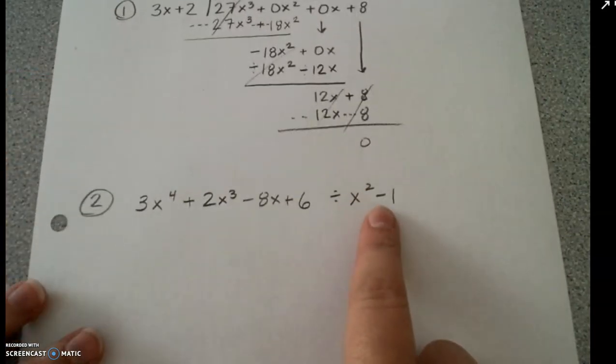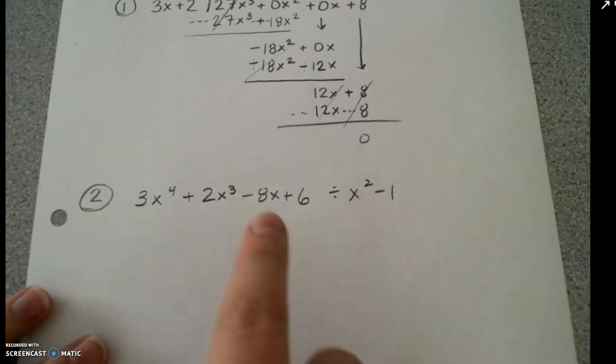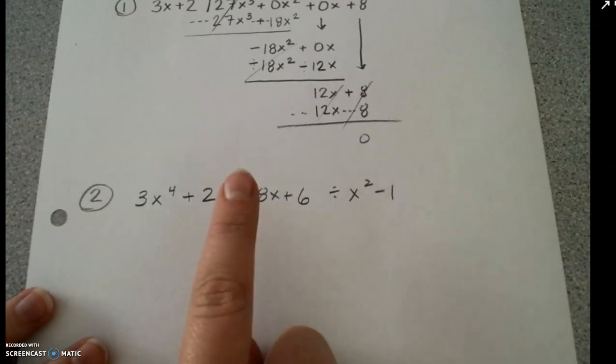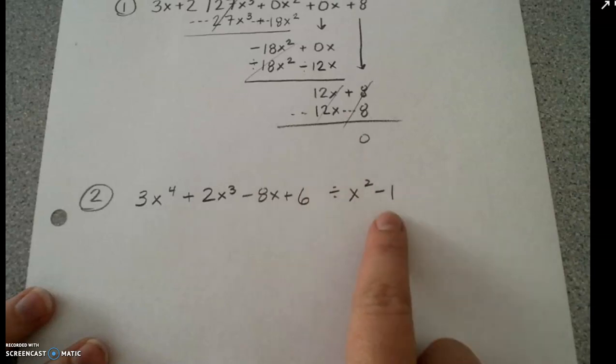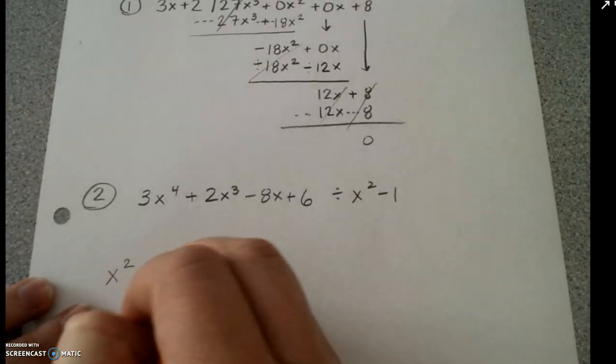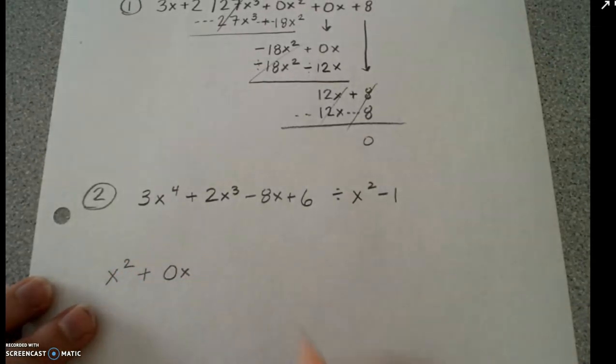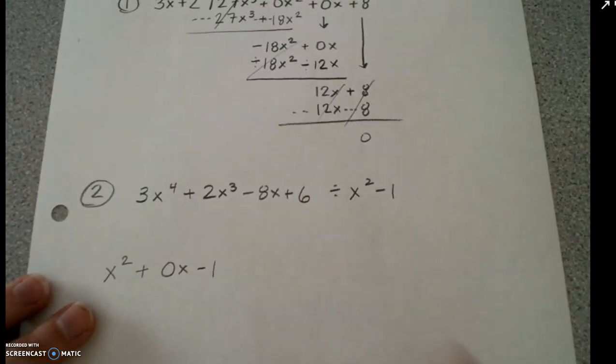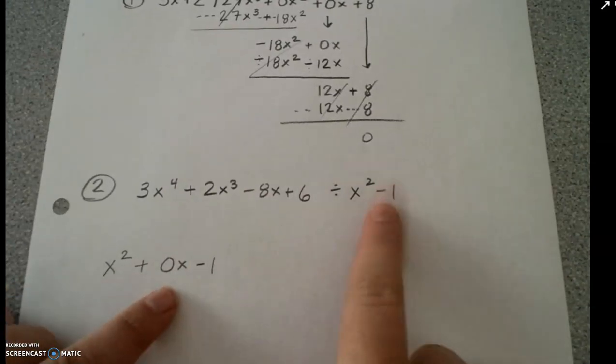So when this happens, I have to not only use a placeholder in my dividend, I have to use a placeholder in my divisor as well. So I have an x squared, I'm missing an x to the first, and I have my constant. So I have to put in a placeholder for that missing term.